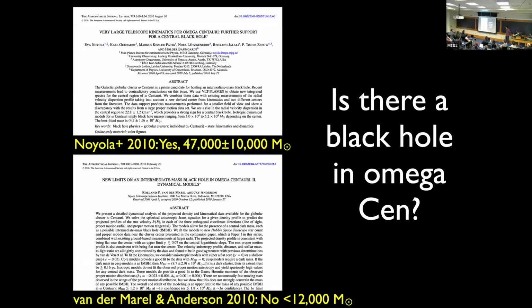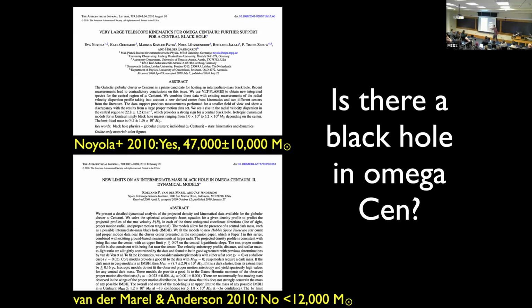Okay, so for those of you who don't know, there's been a lot of controversy about whether there's a black hole at the center of Omega Cen. Eben Oyola, just up in Austin, wrote this paper in 2010 and said, yes, there is an intermediate mass black hole based on our kinematic data, and its mass is 47,000 solar masses.